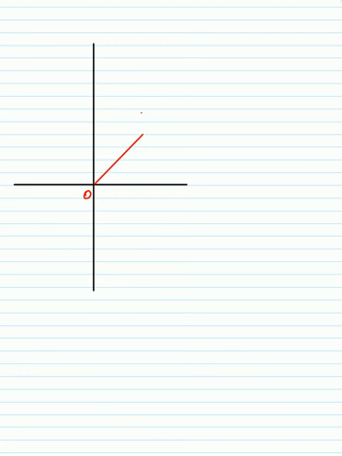So the ray OP makes some angle theta with the x-axis. Now let us drop the perpendicular from the point P to the x-axis. Let the point be A. Now let the coordinates of the point P be x comma y. So PA represents the y coordinate, OA represents the x coordinate of the point.